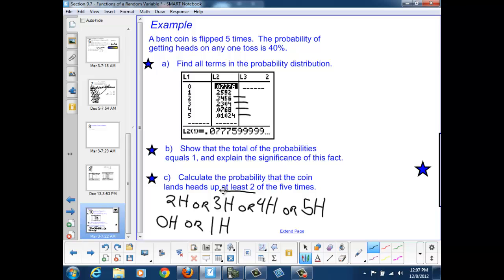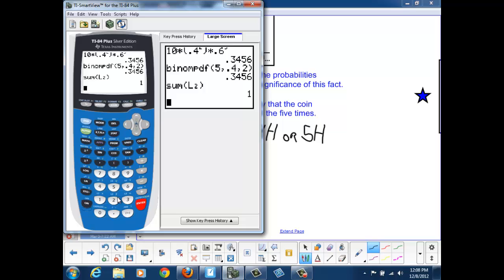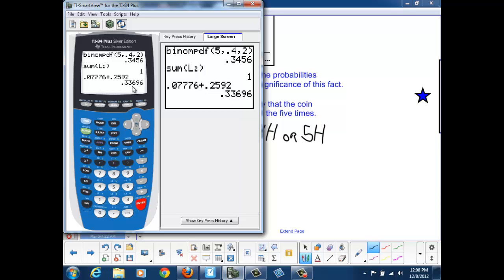The 0.07776 and the 0.2592. 0.07776 plus 0.2592 to get me 0.33696.